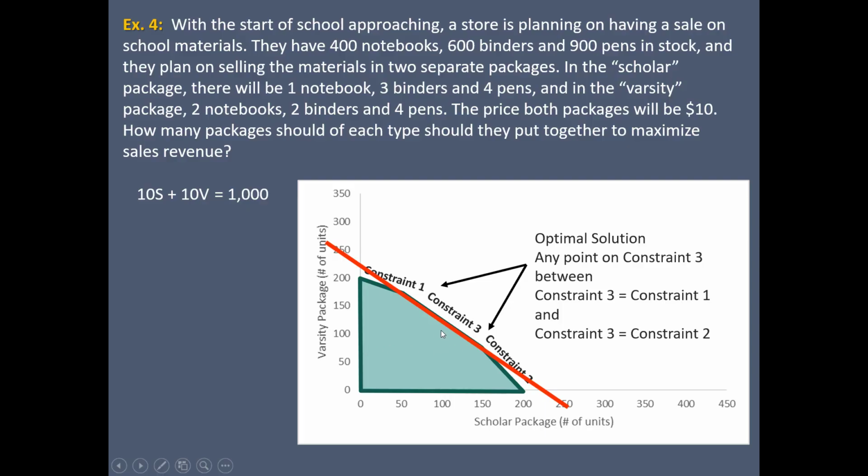But just as likely, I may have chosen this point here, in which case I'm making somewhere around 100 of each package. Any point I choose on this line will be an optimal solution, meaning that it will derive the exact same sales revenue, the most sales revenue I can make.